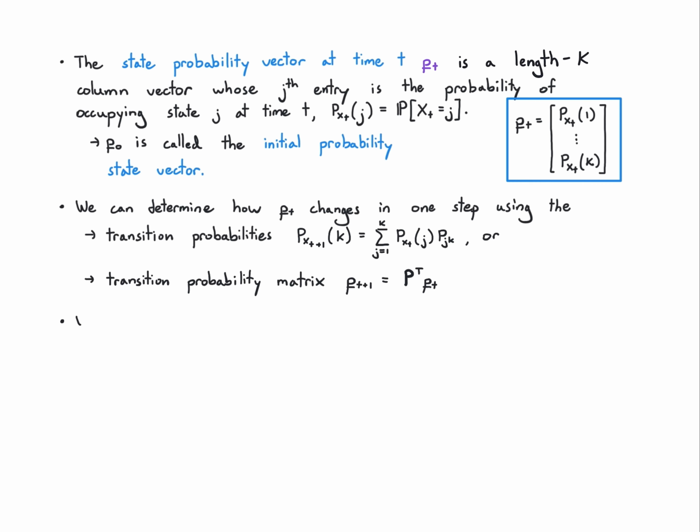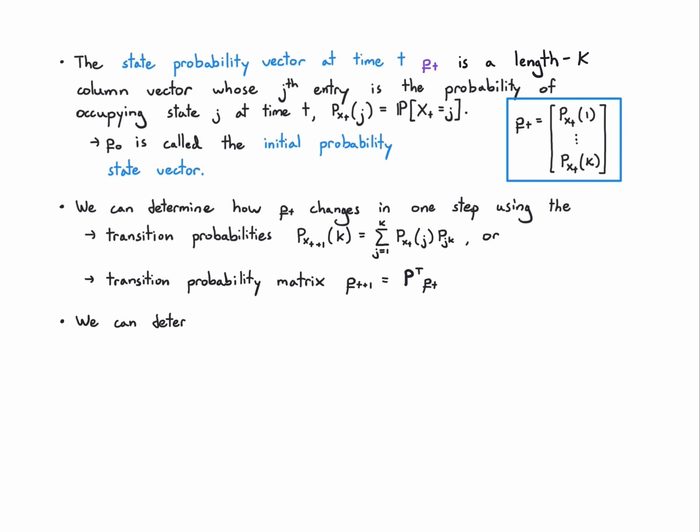Basically here, we could get away with multiplying with no transposes, but then we would be using row vectors. So I would be transposing the state vectors rather than the transition matrix. But I need to have something in that form. So here we're choosing to transpose the transition matrix.